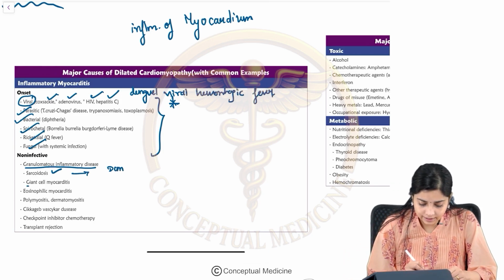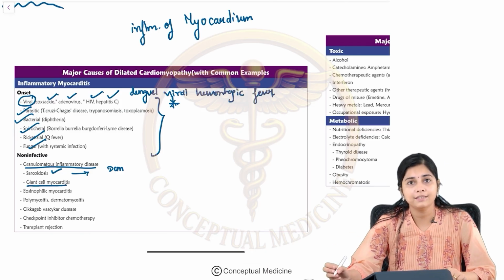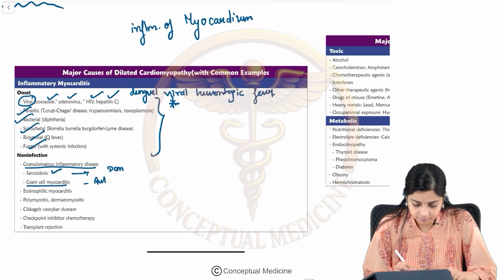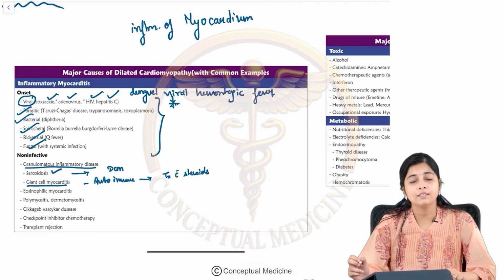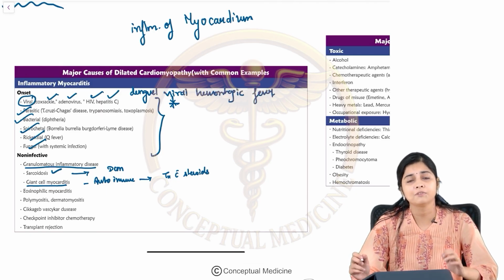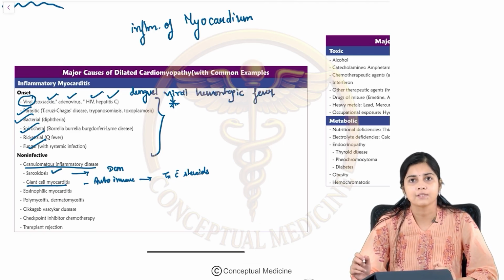Alright, then we have the giant cell myocarditis, which is a type of autoimmune myocarditis which is very responsive to steroids. How is this giant cell myocarditis diagnosed? It's diagnosed with the help of an endomyocardial biopsy.